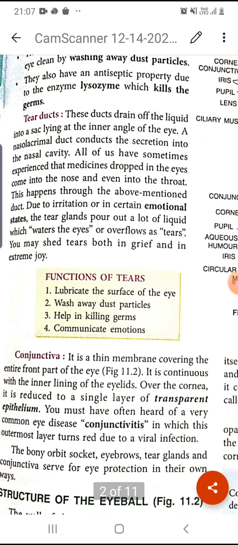Now the tear ducts. These ducts are associated with the tear gland and are located in the inner angle of the eye. That is the nasolacrimal duct, that conducts the secretion into the nasal cavity.